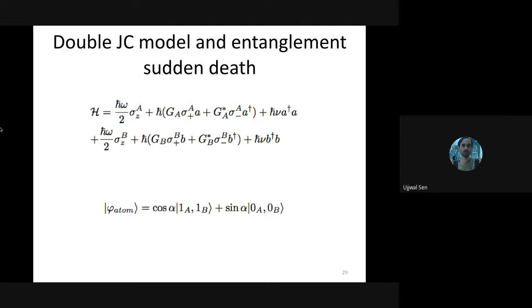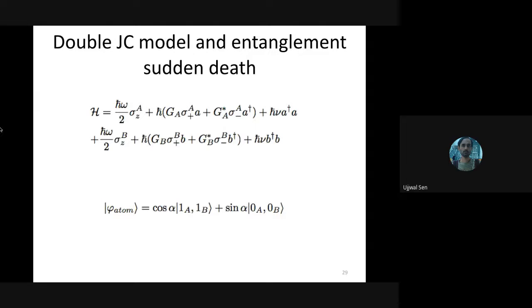But the 2 atoms in these 2 cavities have previously interacted with each other and have created a state that is written at the bottom of this slide. This is cos alpha |1a 1b> plus sin alpha |0a 0b>.